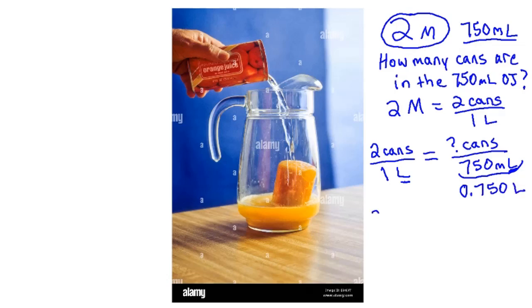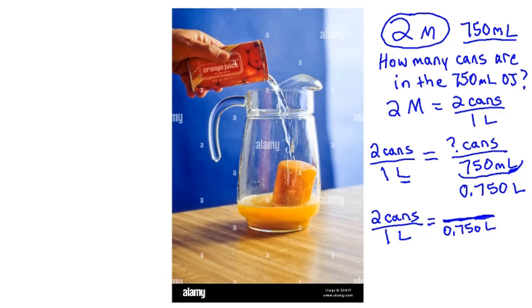So now you have 2 cans in 1 liter of orange juice, which means 2 molarity, but you only have 0.750 liters left of the orange juice. So how many cans of the frozen orange juice concentrate are in that 0.750 liters?